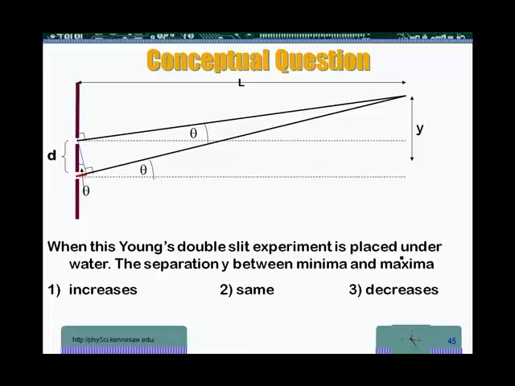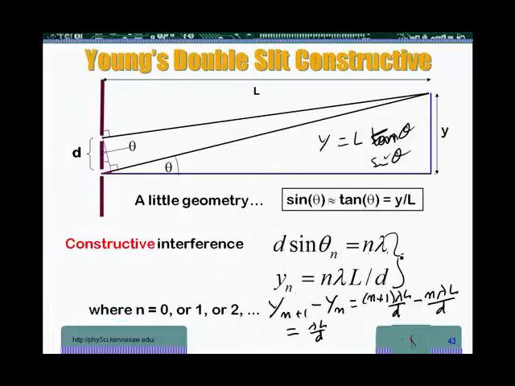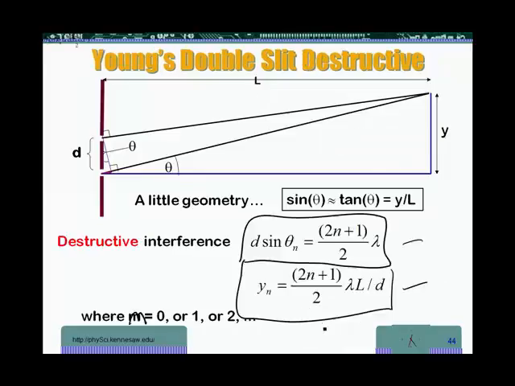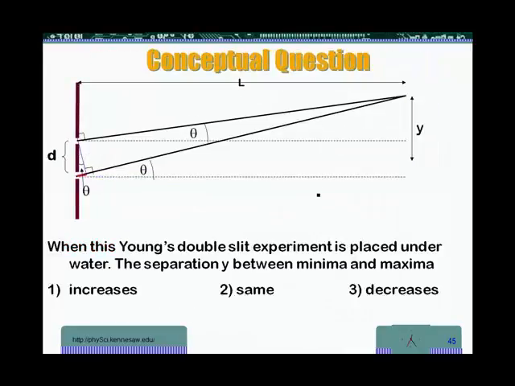Is the separation between minima and maxima going to increase, decrease, or stay the same? For that, let's try to remember our separation equation. Our separation, delta Y, is lambda L over D.